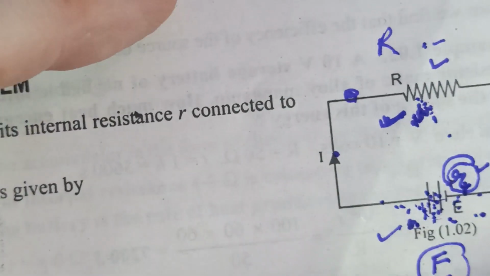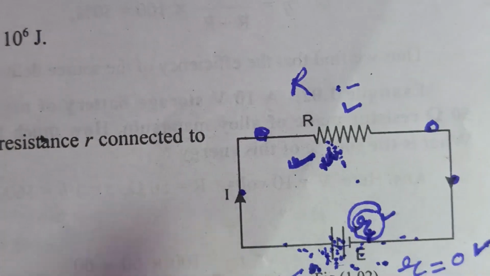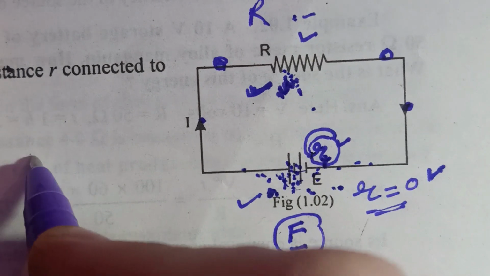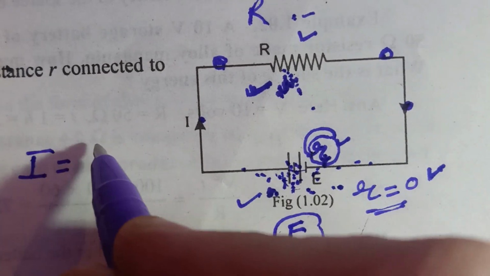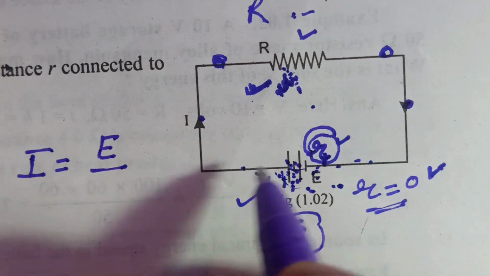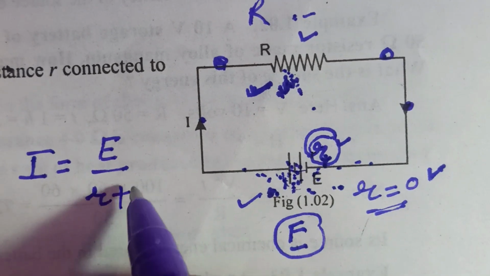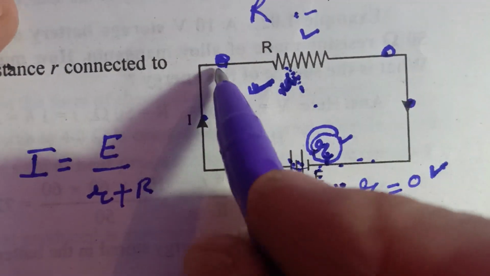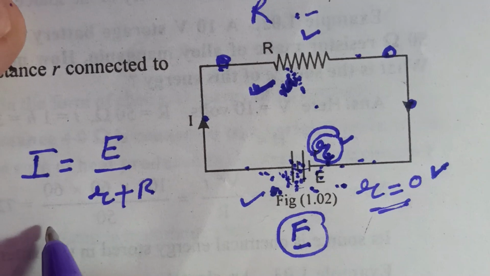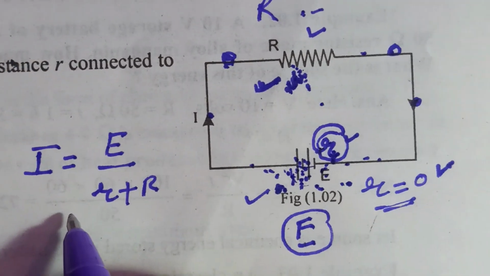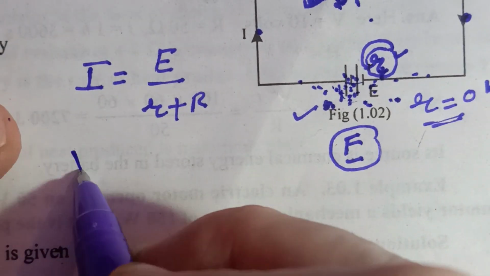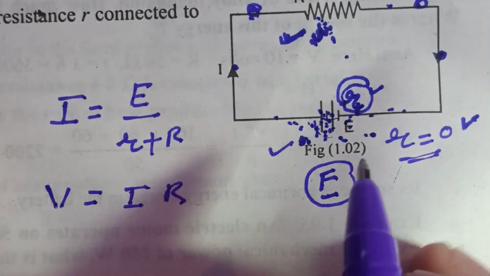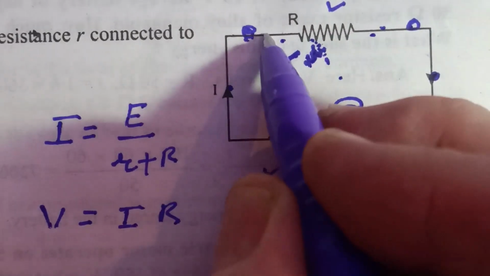Now, first of all, what is the current flowing in the circuit? The current I equals E upon small r plus capital R. Then, according to Ohm's law, voltage is equal to I into capital R, the voltage across the 2 points.